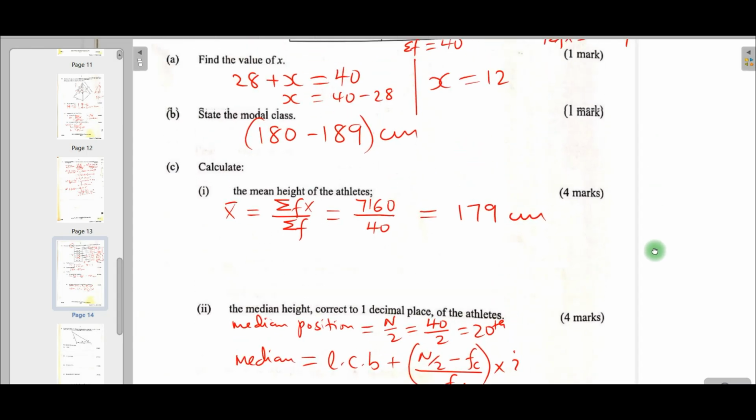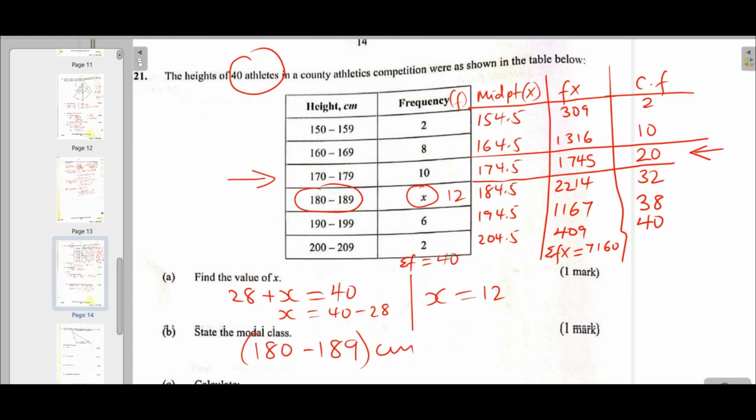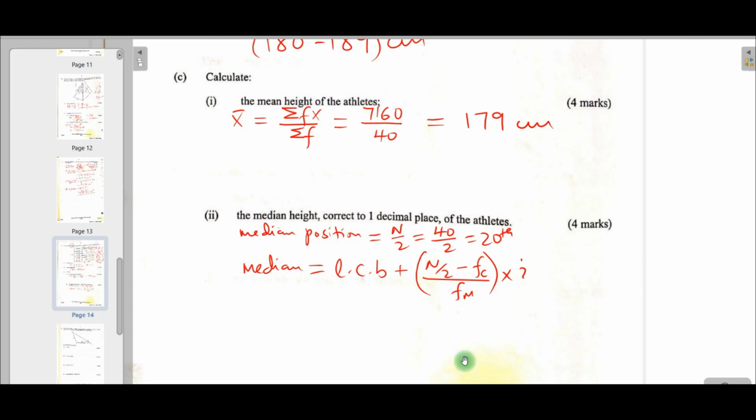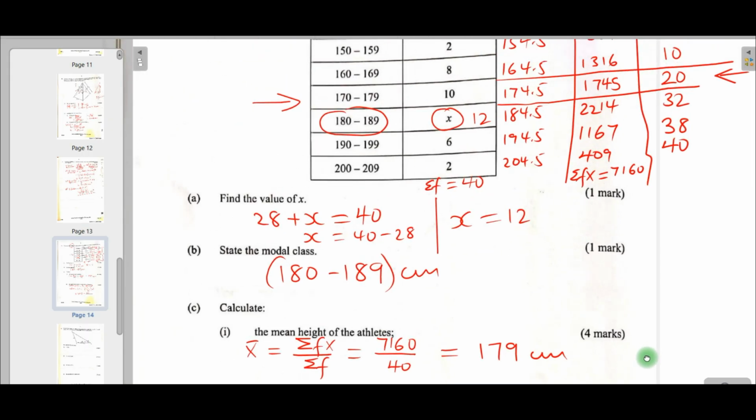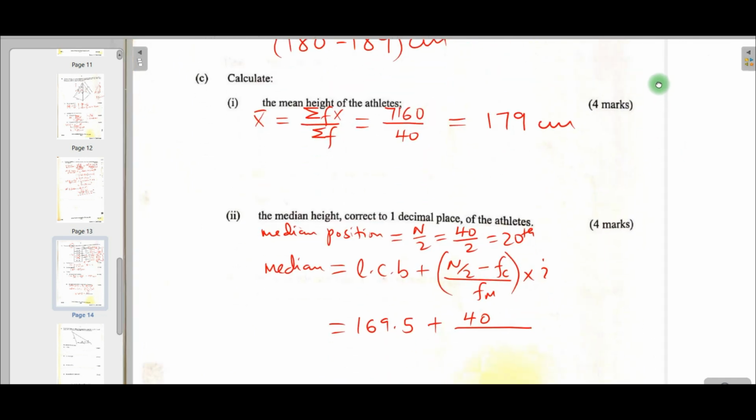So the lower class boundary of the median class will be 169.5, then plus n over 2, that is 40, minus the cumulative frequency preceding the median class, which is 10.